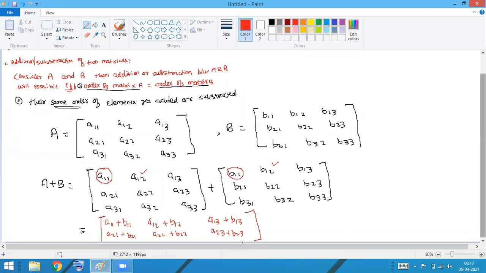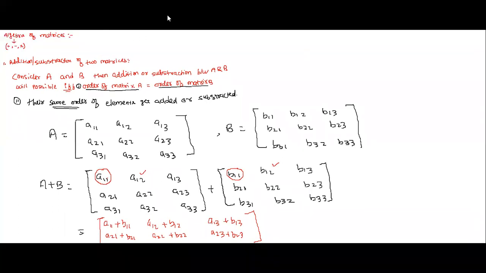Then I don't have space here, just a second guys, then I can write here A31 plus B31, A32 plus B32, A33 plus B33.